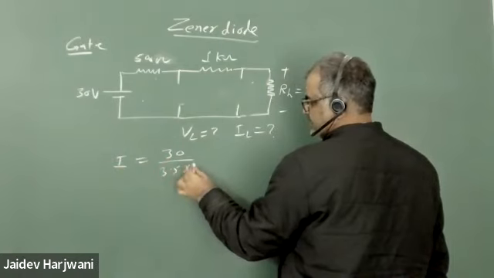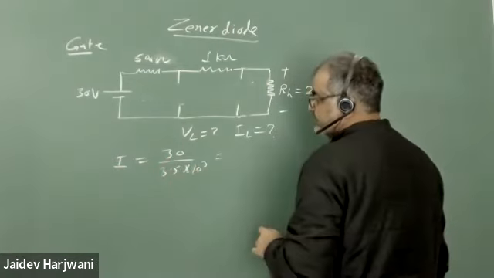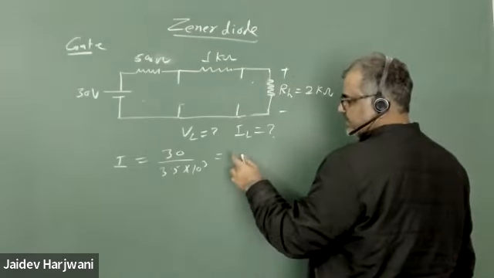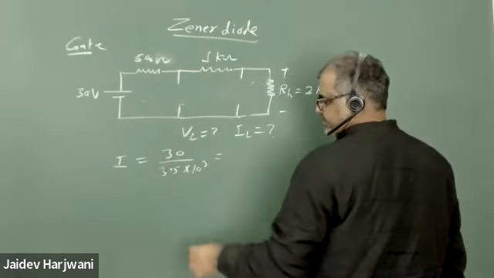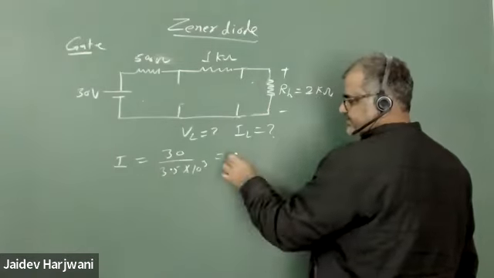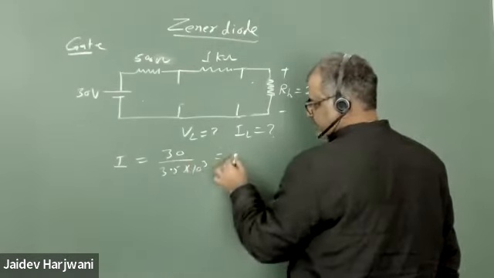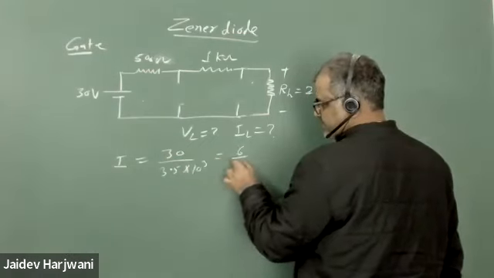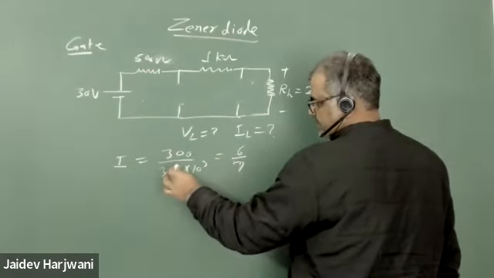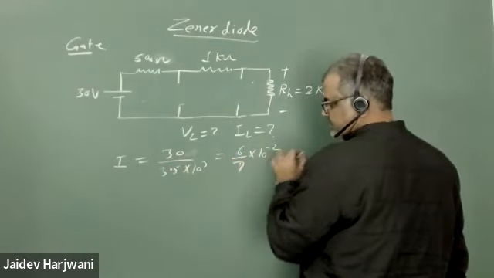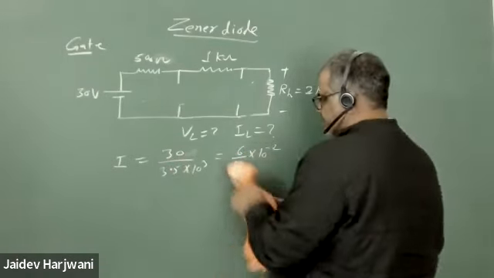Now if you solve this one, how much current is coming? How many milliamperes? What is the current here? This comes 6/7, and this goes 10 raised to power minus 2. 8.6 milliampere.